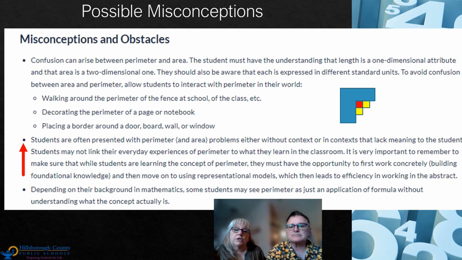So be really cautious about using color tiles because they take up space instead of covering just the line segments that those measurements are intended for. That's an excellent point.